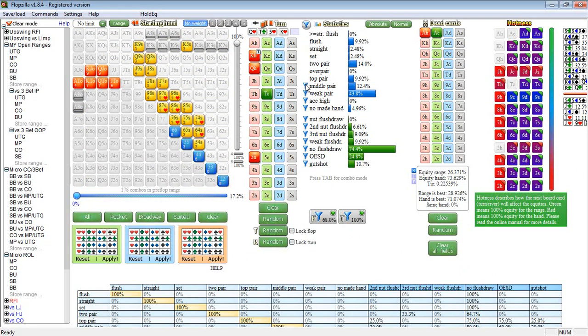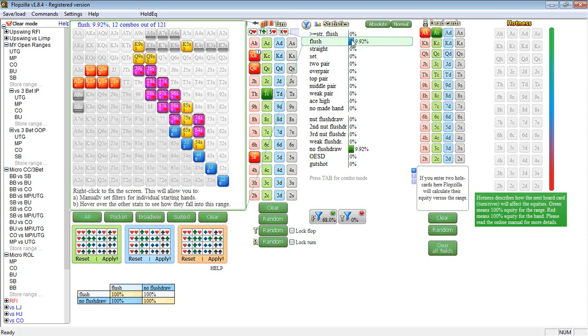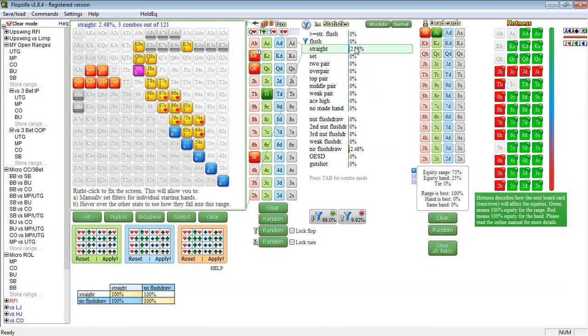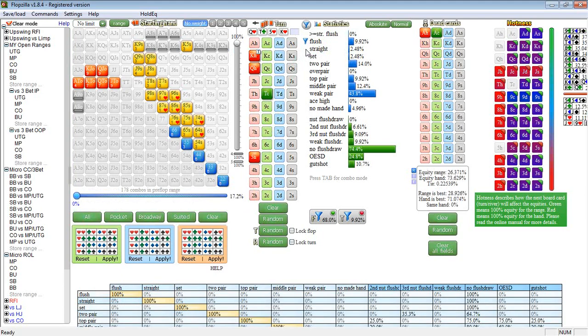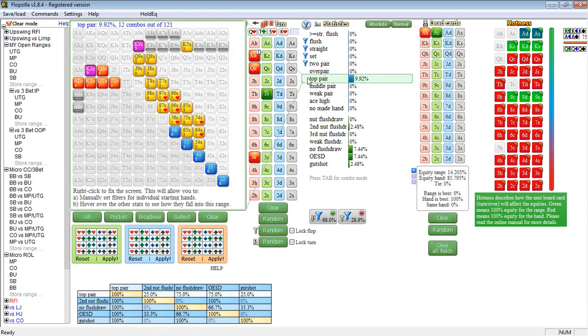Okay, I'm just going to X all these off here for a second. Let's say he's playing an optimal strategy, which he may not be, but let's say he is. Okay, and let's say he's got his flushes here that he would call with, or raise, of course. Straight, set, two pairs, and his top pairs.